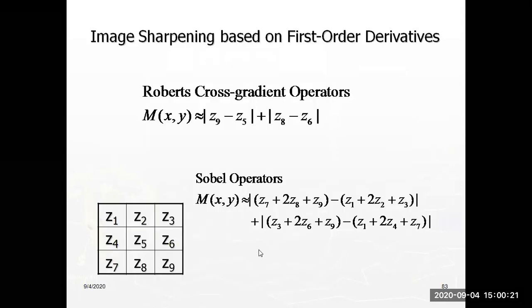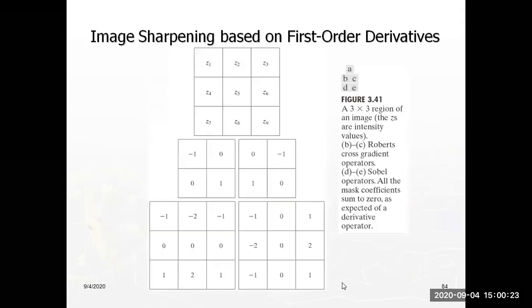With these expressions we can arrange a matrix or mask. This is a 2 by 2 mask, and this is a 3 by 3 mask. These are the two different Roberts operators, and these are two different Sobel operators.